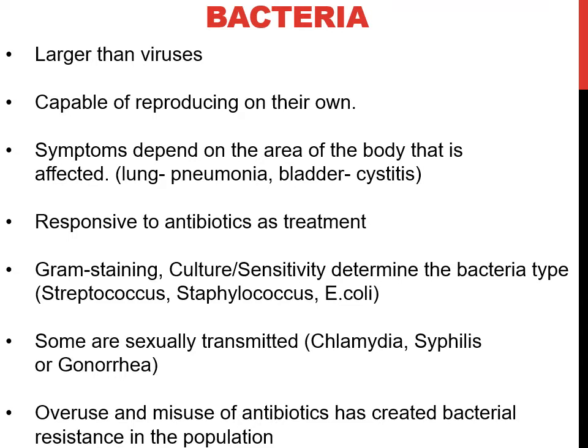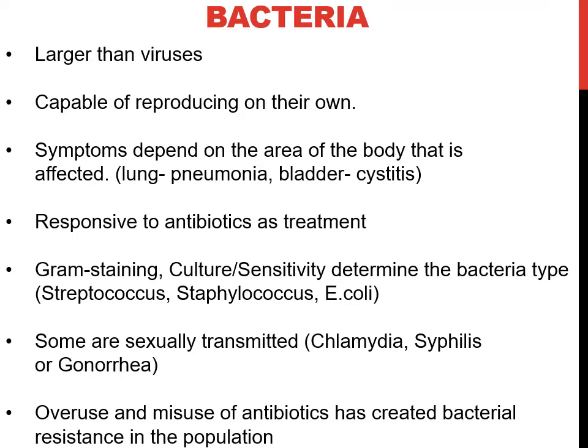The symptoms of a bacterial infection just depend on where the infection has occurred. So if it's in the lung, we would call it a pneumonia. If it's in the bladder, we would call it a cystitis. If it's on, say, the skin, we might call it a cellulitis. If it's in the brain, we'd call it an encephalitis.